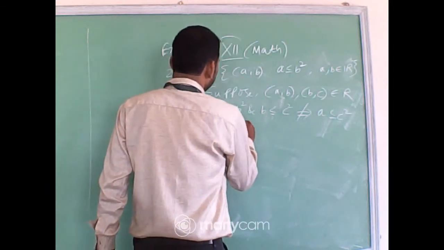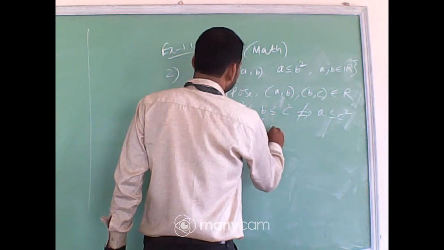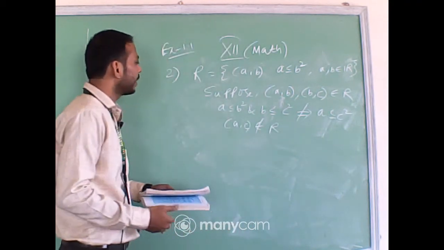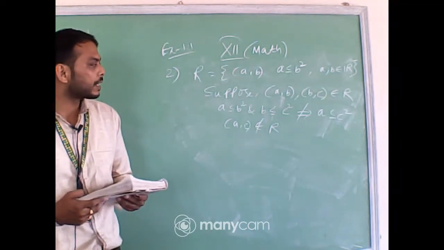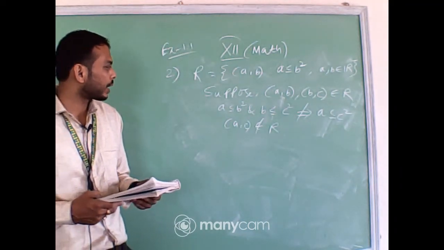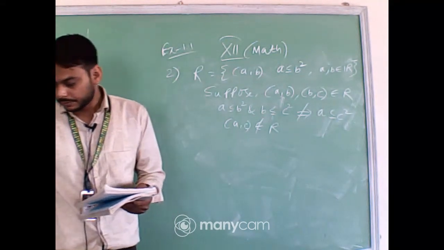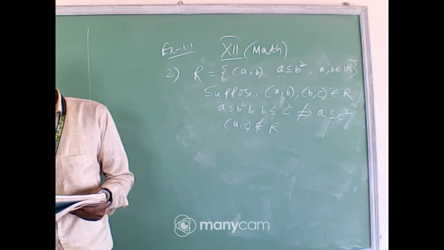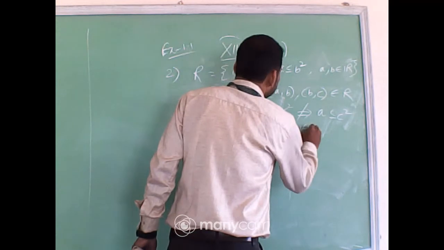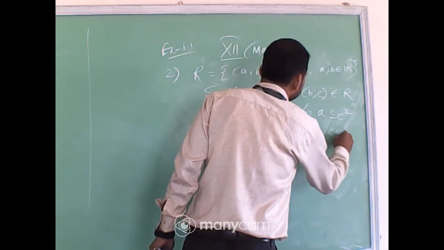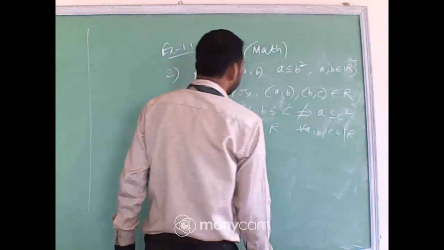Therefore, (a, c) does not belong to R. a ≤ b² and b ≤ c² does not imply a ≤ c². You can't conclude from here, for all a, b, c belonging to the set of all real numbers.